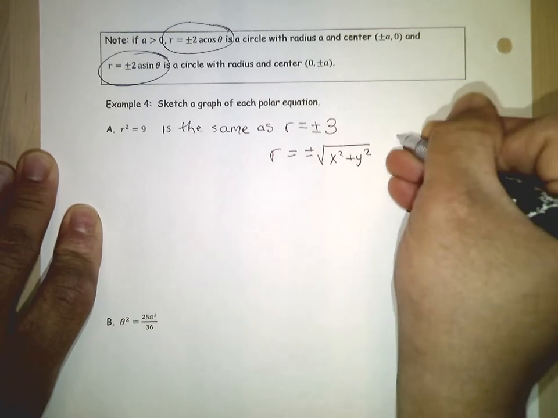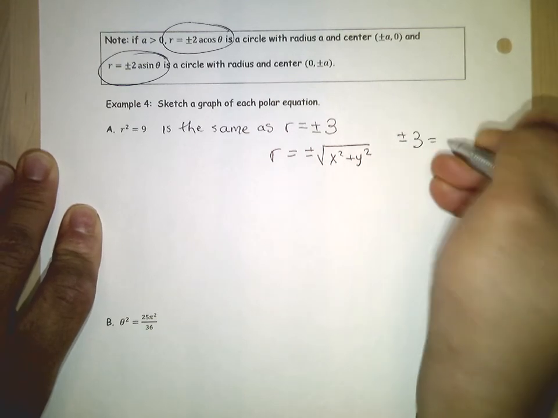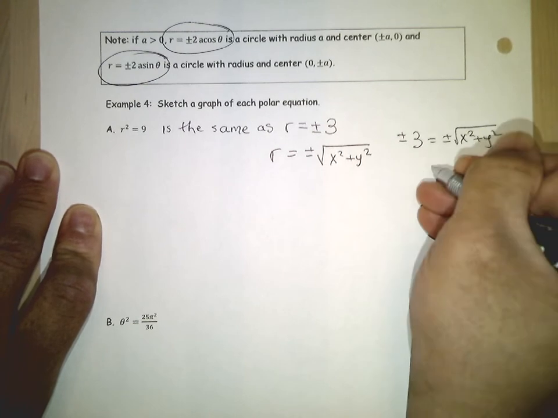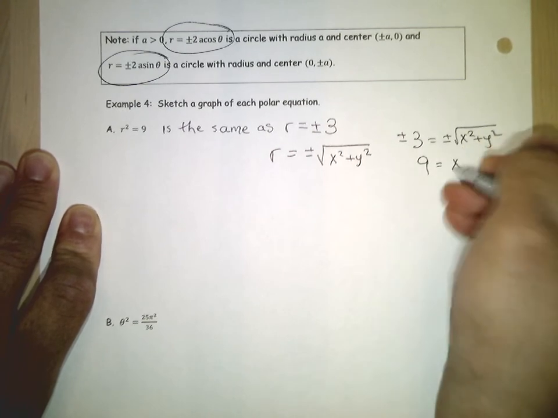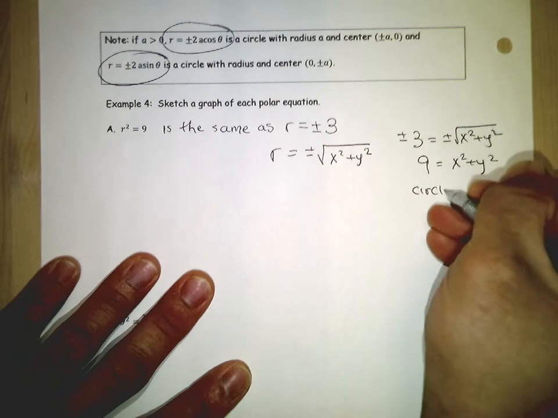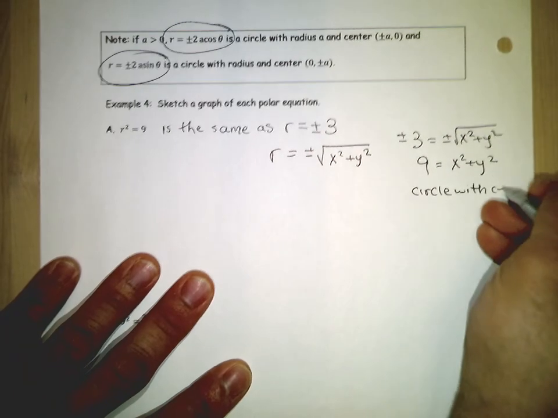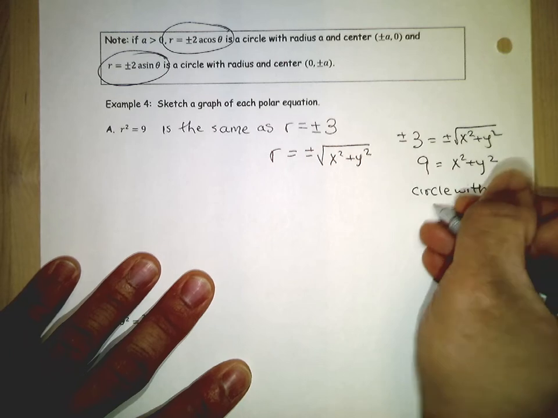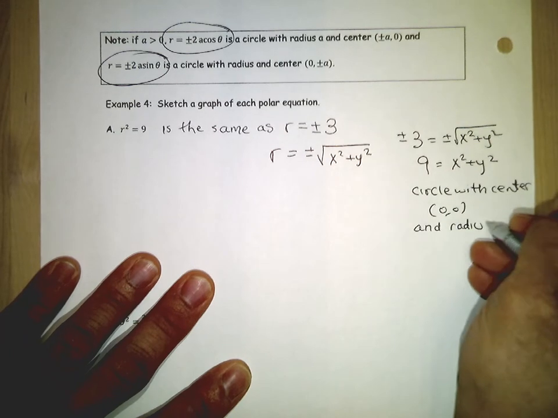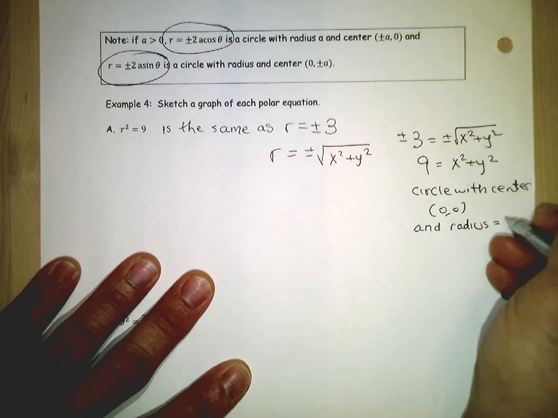So we have plus or minus 3 is equal to plus or minus the square root of x squared plus y squared. If we square each side, 9 is x squared plus y squared. And we see this is a circle with the center 0, 0, and the radius of 3.